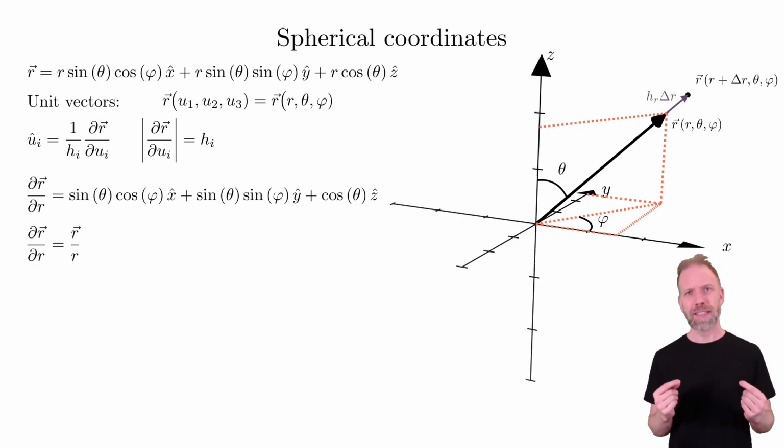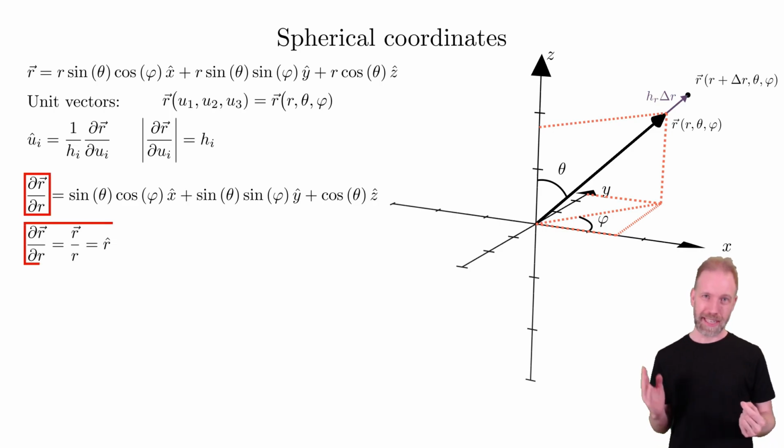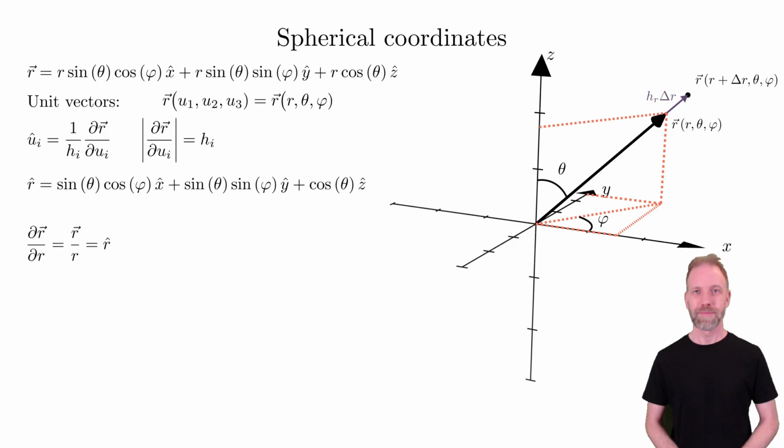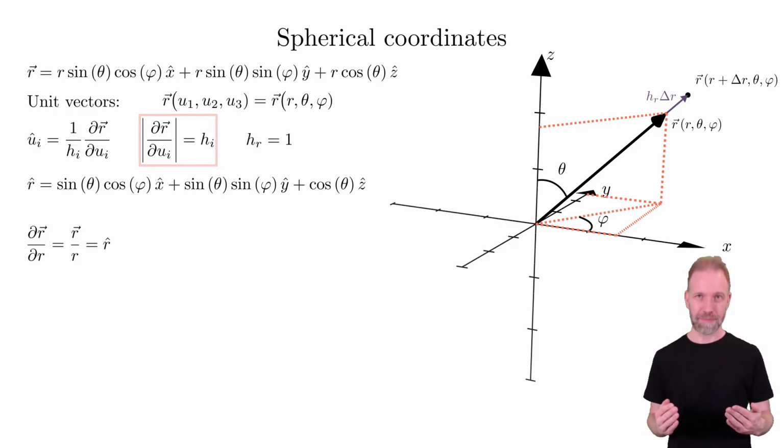We can note that this derivative is the same as dividing the position vector r with its length r. This gives the unit vector r hat, which can be inserted here. As we directly got the unit vector, the length is 1.